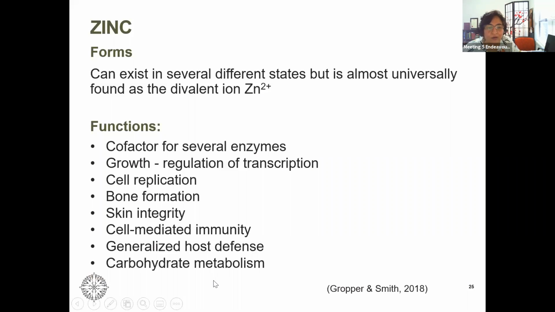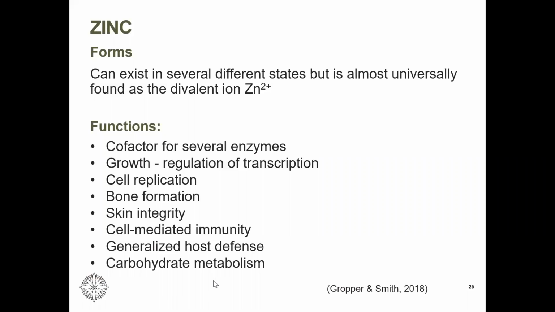So now we discuss zinc. Zinc also can exist in several forms, but the only one that we need to remember is zinc 2+. It has various functions again. I have talked a lot about superoxide dismutase and metallothionein, which are our body's fighters of infection.